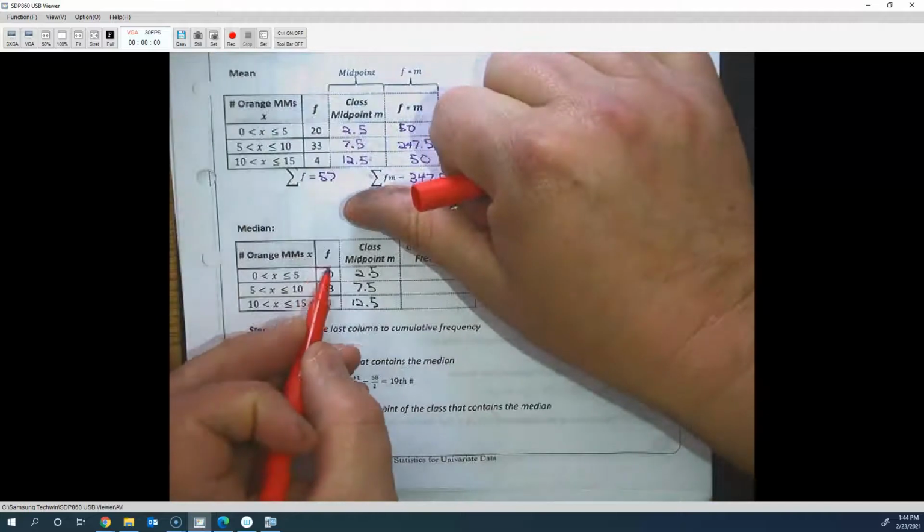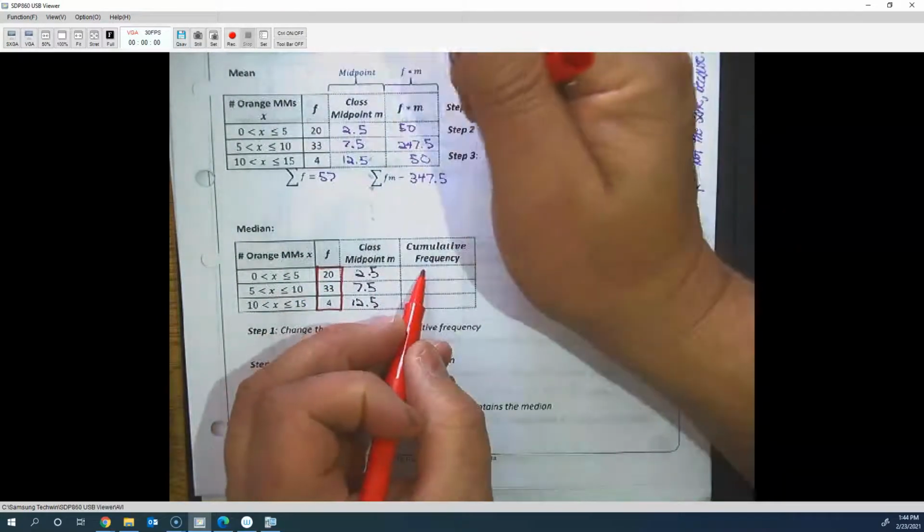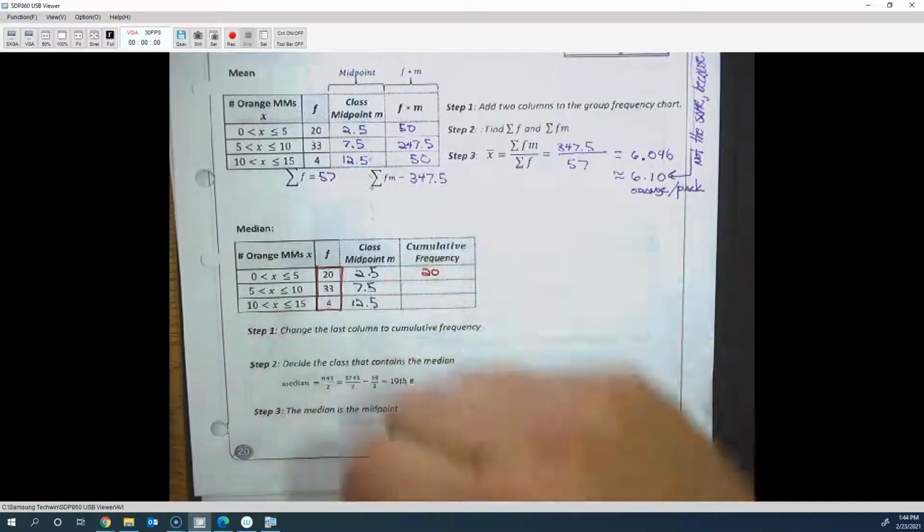Now my cumulative frequency: my first number is 20, and then my second value is going to be 20 plus 33. And then my last one is going to be 53 plus 4, 57.